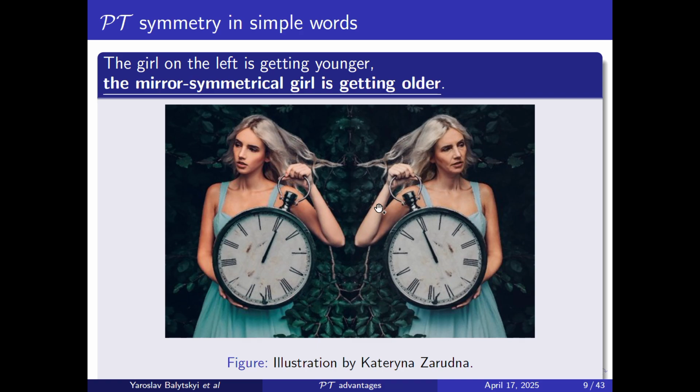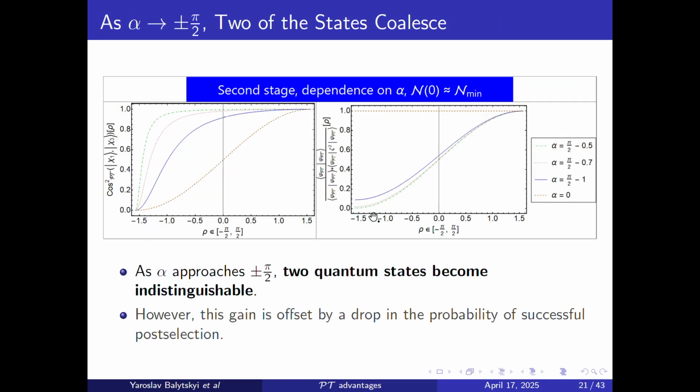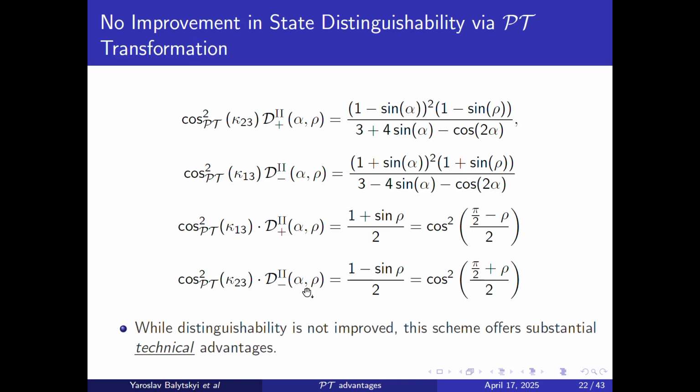So okay, now you can actually compare this. If you just take into account both the post-selection probability and the cosine, you can see that this scheme doesn't lead to better state distinguishability, because here all values of rho are scaled by the same factor, and here they are essentially the same.